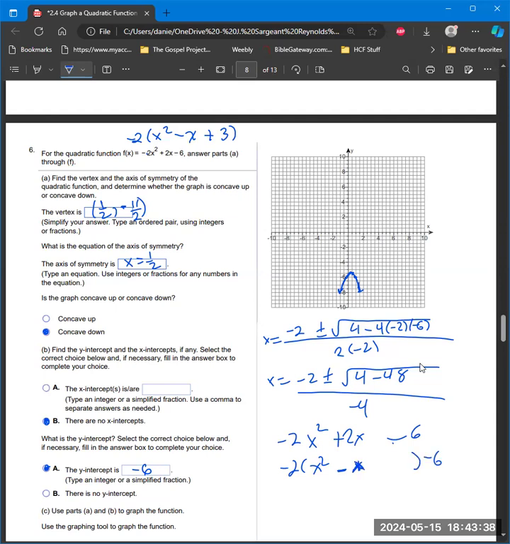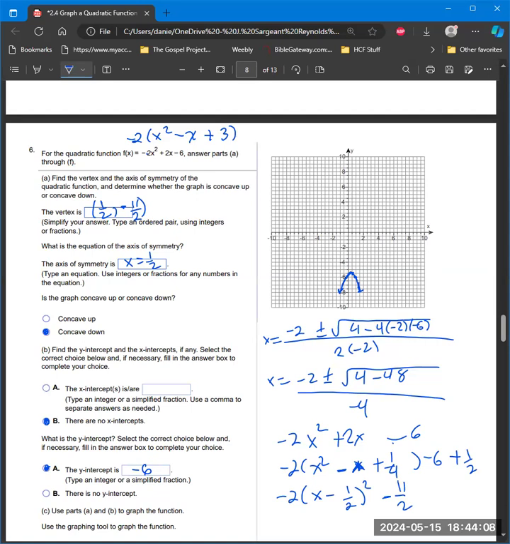Half of the middle number squared is going to be 1/4. -2 times 1/4 is -1/2, so I need to add 1/2 here. So -2 times x minus 1/2 squared, minus 11 halves. And the x that makes the parentheses 0 is 1/2. That's the x coordinate, and when that is 0, I get -11 halves left over.